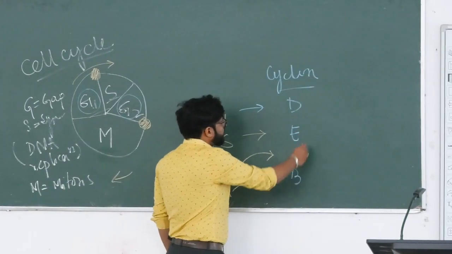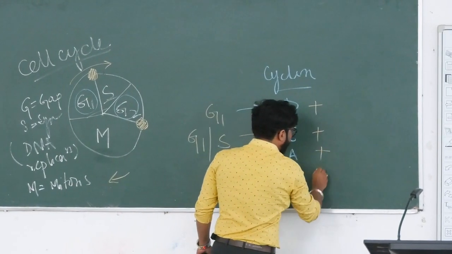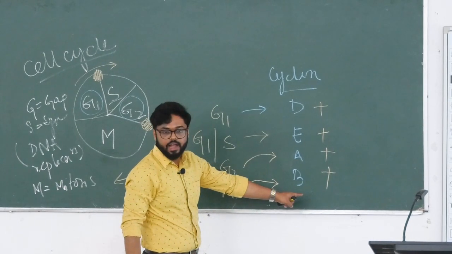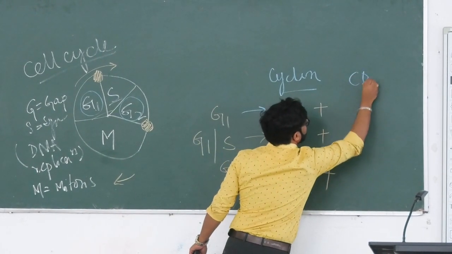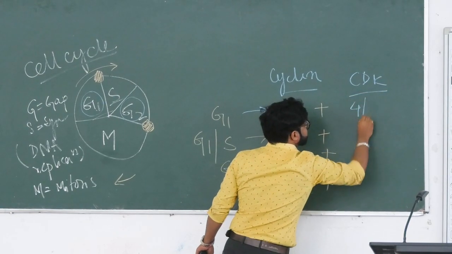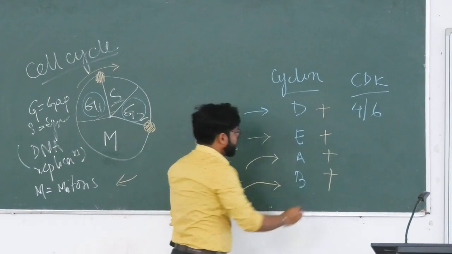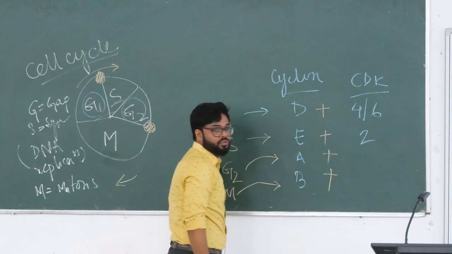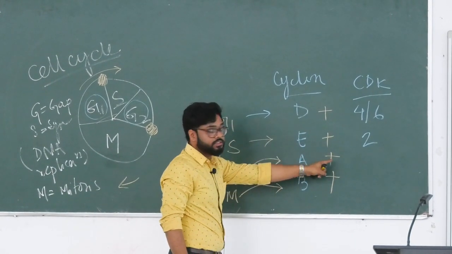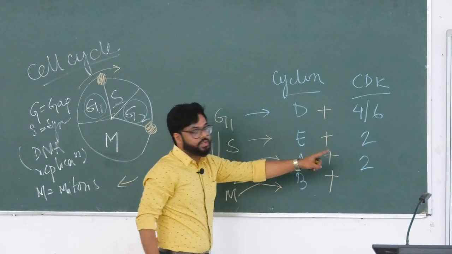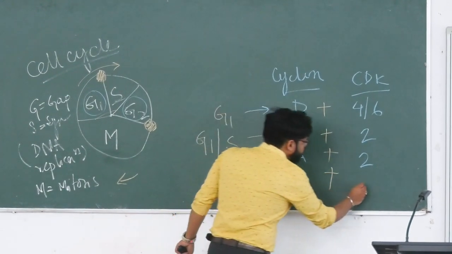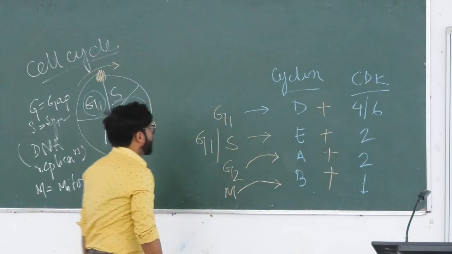Now, these cyclins are also going to be cyclin D with CDK4 and 6, cyclin E with CDK2, cyclin A with CDK2, and also cyclin B with CDK1.